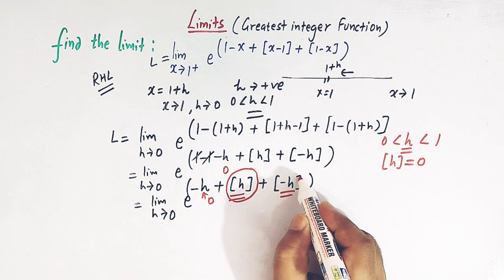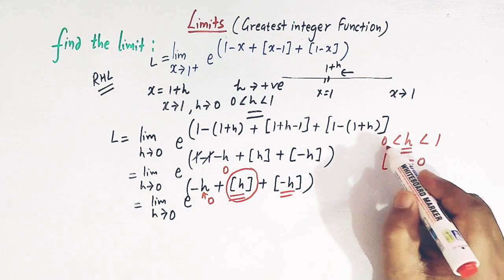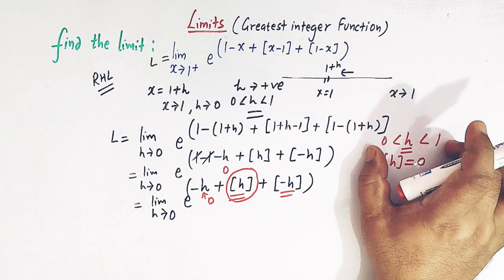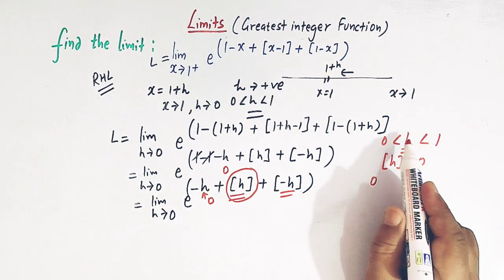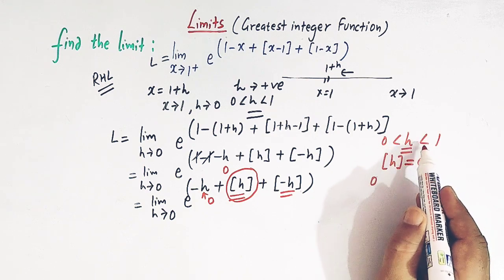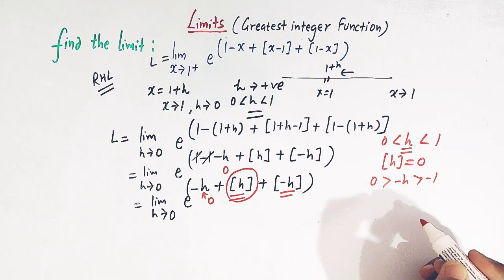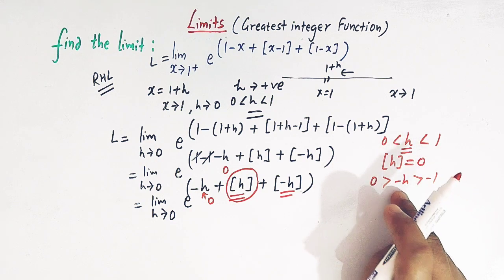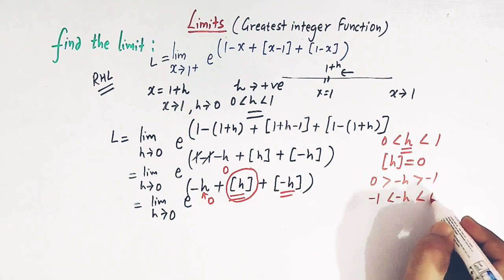And see, here we have greatest integer of minus h. Now see, if we multiply throughout this inequality by minus 1, the direction of the inequality gets reversed, so we have minus h, and here we have minus 1. So we can write this inequality as minus 1 less than minus h less than 0.